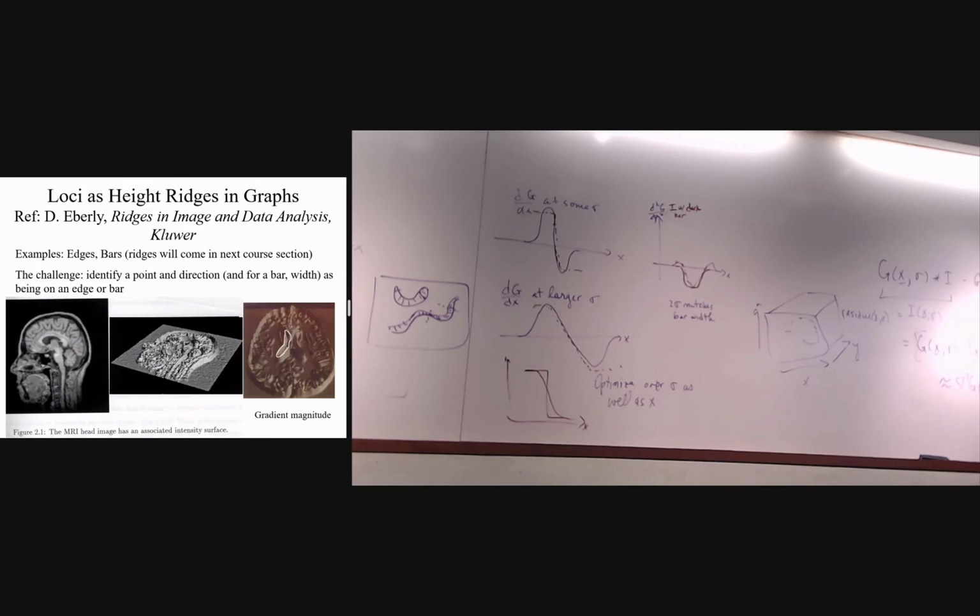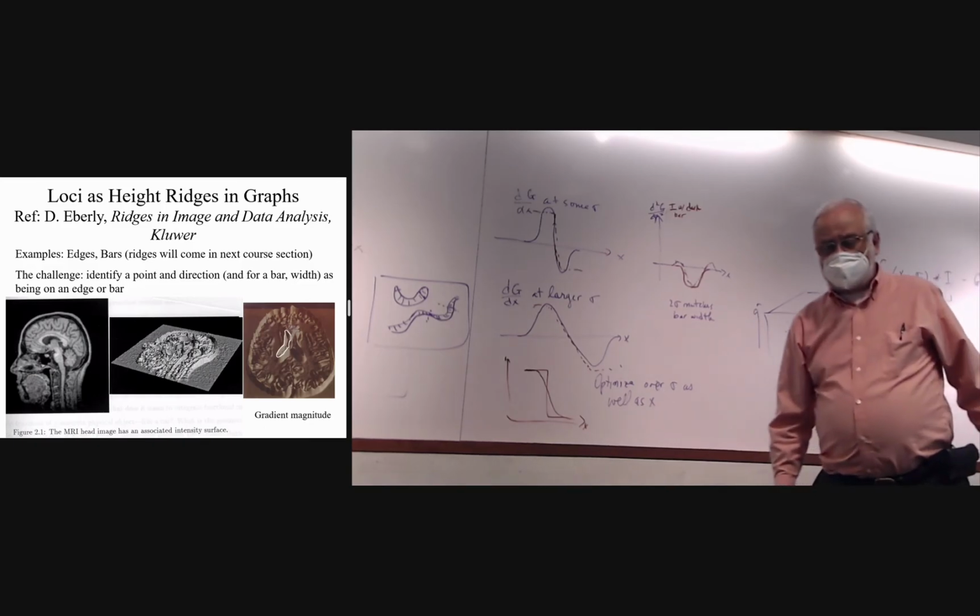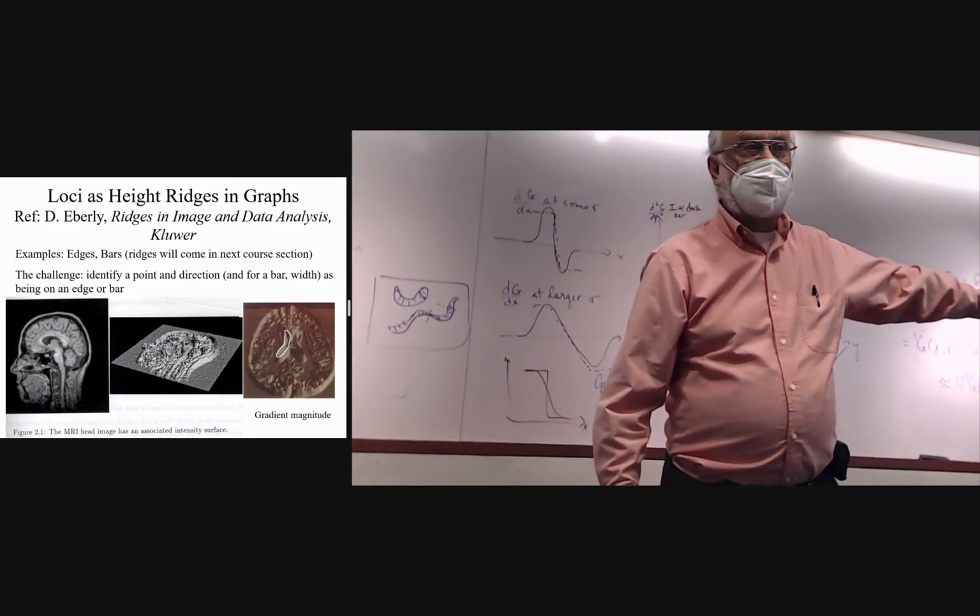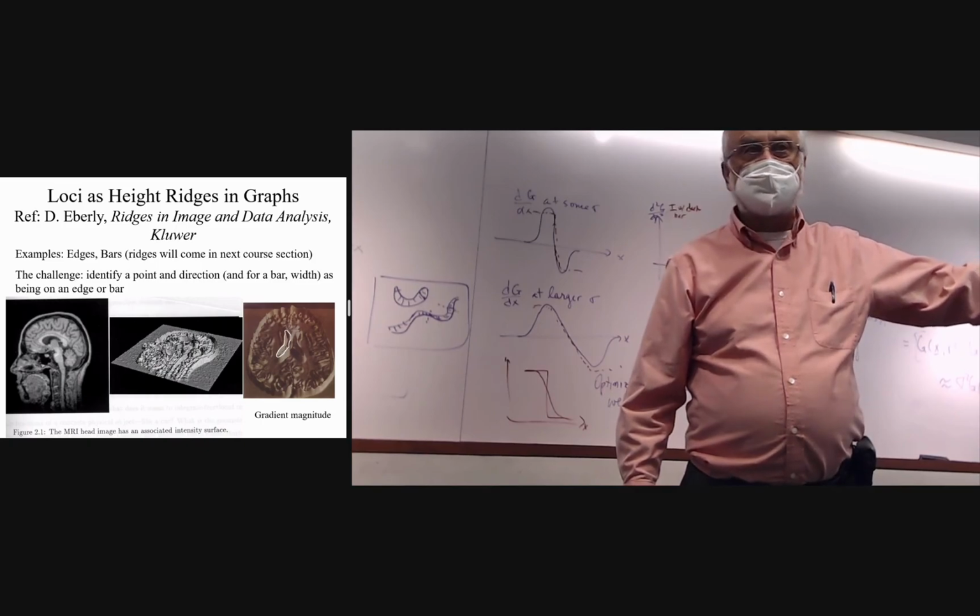Okay, so as I say, if you have an edge strength image, then you may want to follow a ridge around it. And we're going to talk about how you find those tracks later in the course.